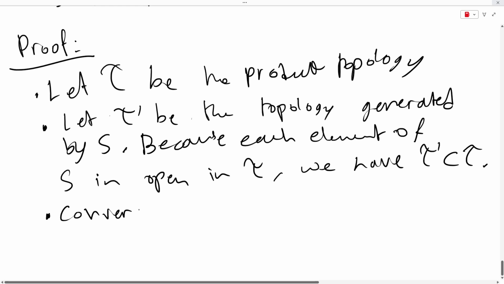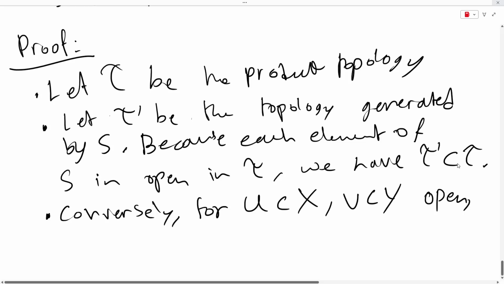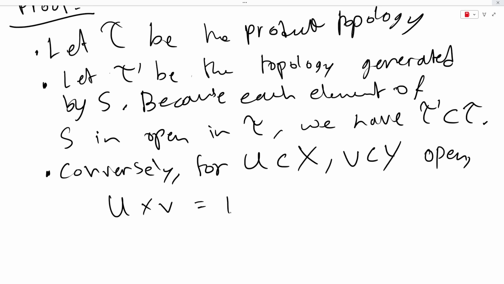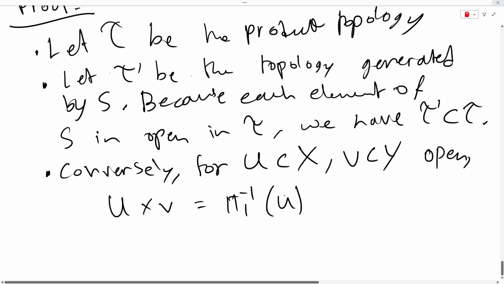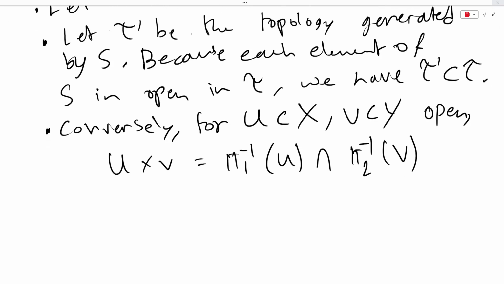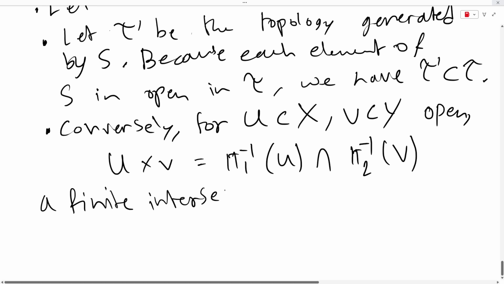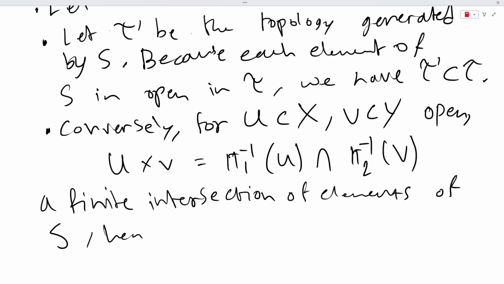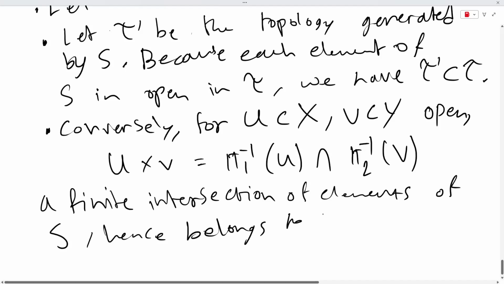Conversely, for U an open set of X and V an open set of Y, U times V is equal to the inverse image of U under pi1 intersected with the inverse image of V under pi2. This is a finite intersection of elements of S, hence belongs to tau prime.